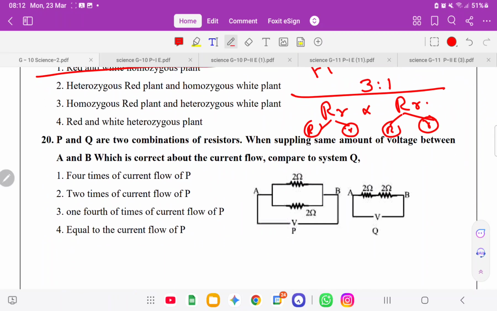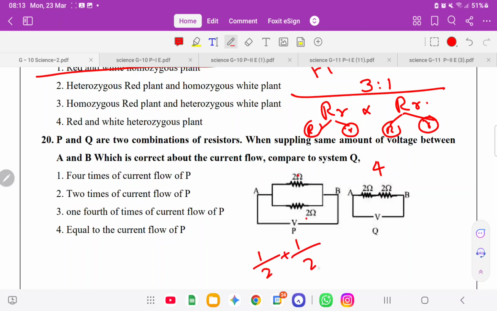And the 20th one: P and Q are two combinations of resistors; when supplying the same amount of voltage between A and B, which is correct about the current flow compared to system Q. So here 4, here 2.